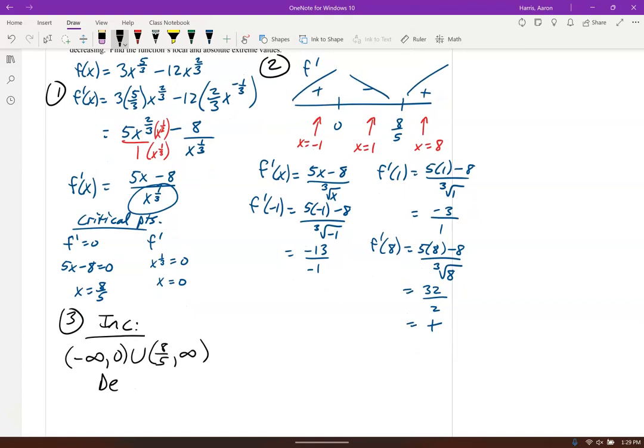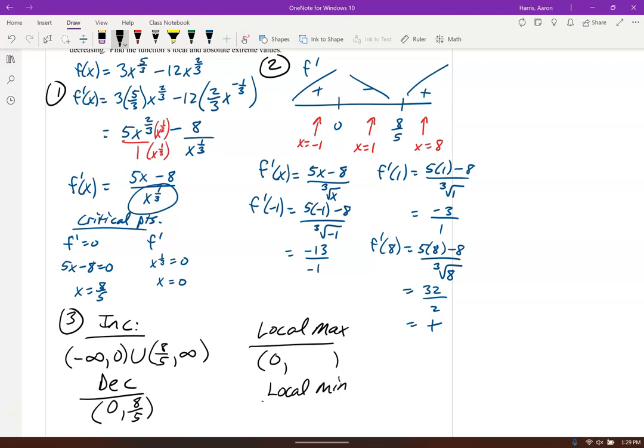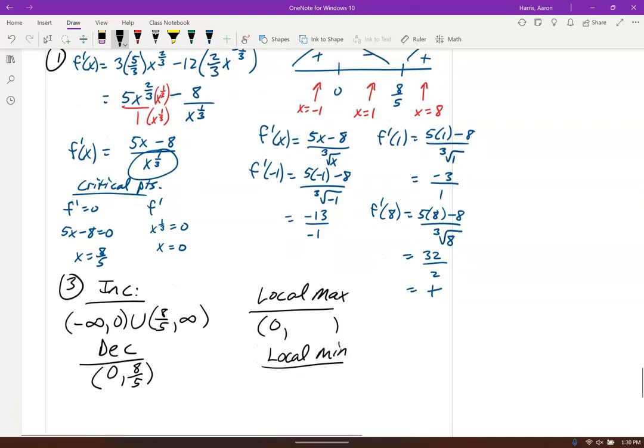We're decreasing between them, from 0 to 8/5, because the derivative is negative. Our local max: it increases, then it decreases. So at 0, I would have a local max, and I'd have a local min at 8/5.